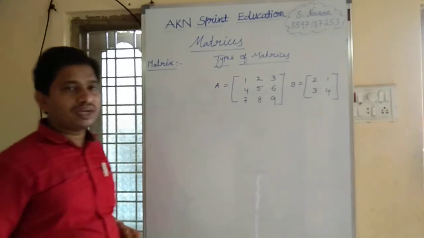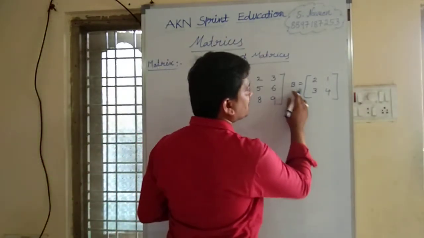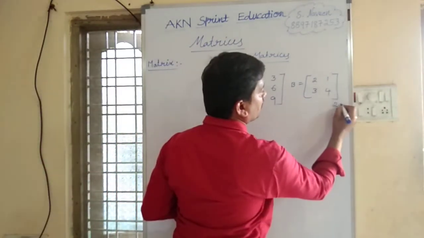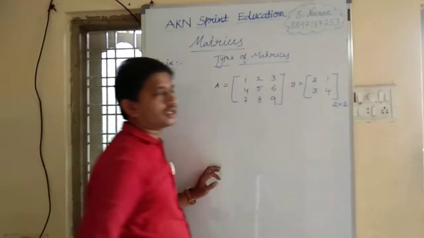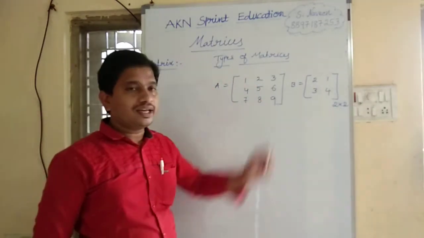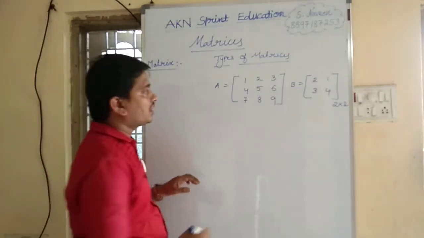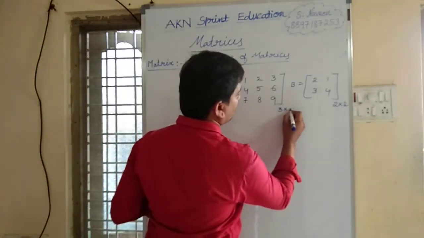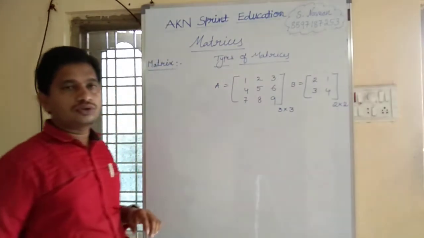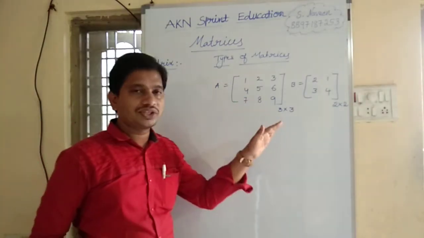Coming to matrix B, what is the order of matrix B, children? Here the number of rows is 2 and the number of columns is 2. Hence B is a square matrix. Now coming to matrix A, the number of rows is 3 and the number of columns is 3. So the order of matrix A is 3 by 3.